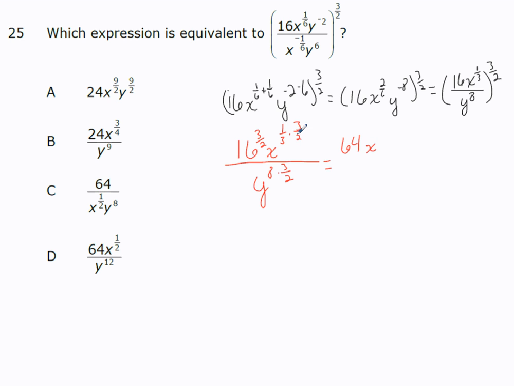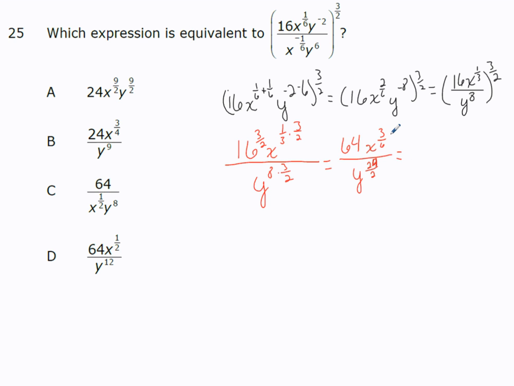When you multiply fractions, you multiply the top, then you multiply the bottom. So 1 times 3 is 3. 3 times 2 is 6. On the bottom, 8 times 3 is 24, and then it's a 4, and then the 2 goes on the bottom.